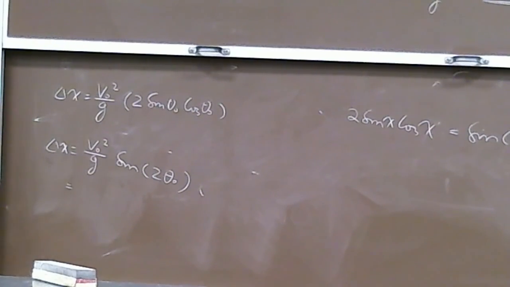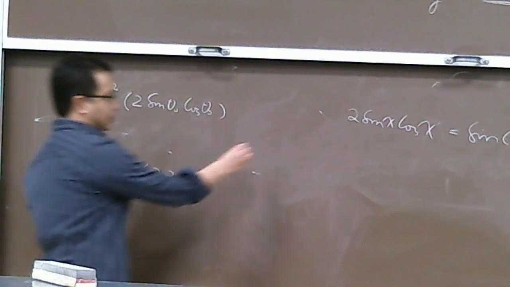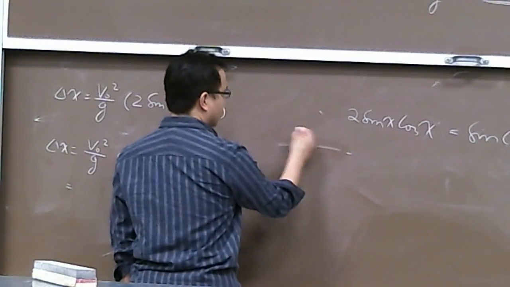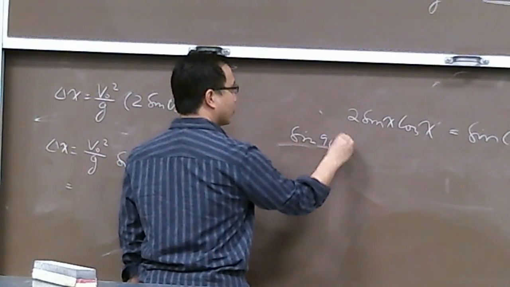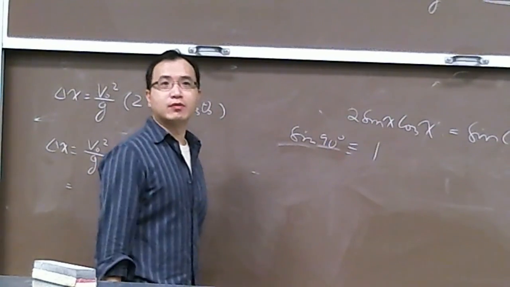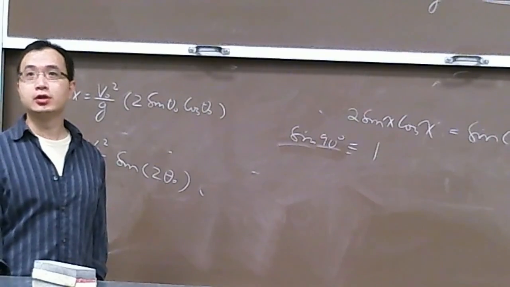For what angle will you get the maximum value for the sine function? 90 degrees, right? Sine 90 degrees will give you the maximum value 1.